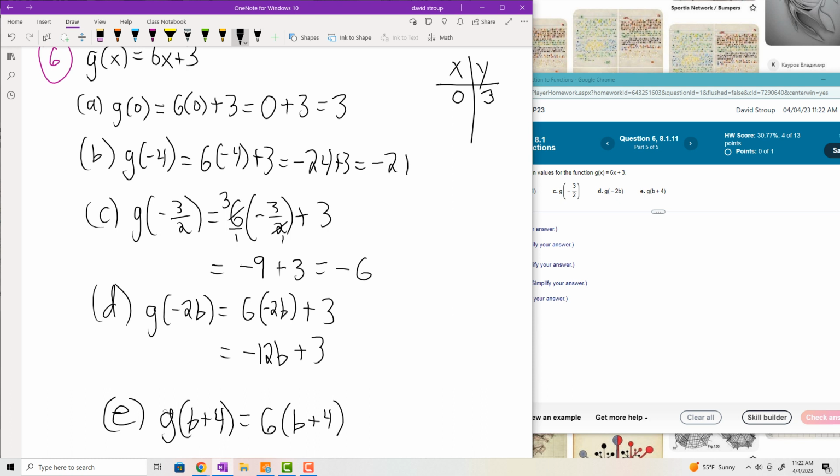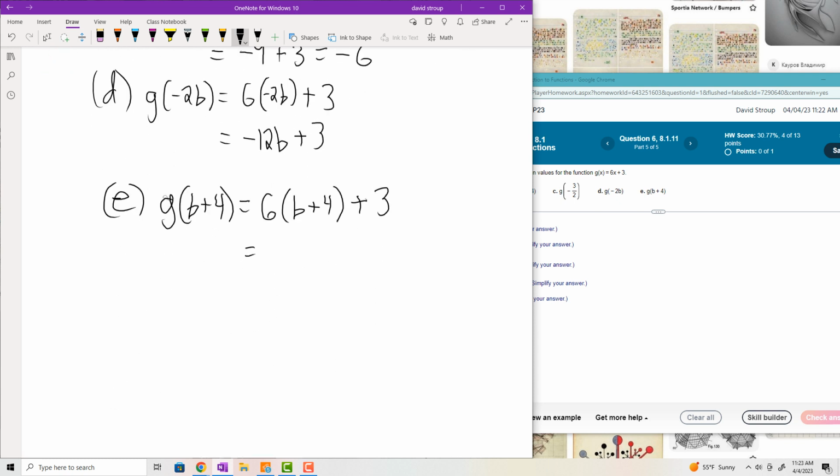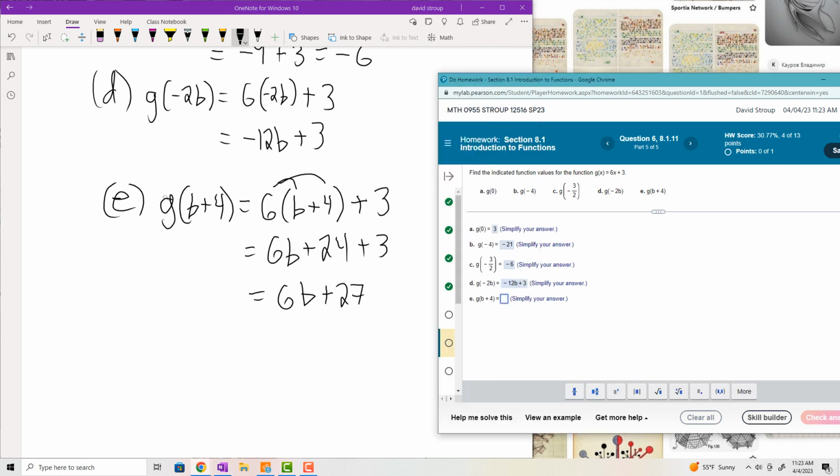So you're putting in there parentheses b plus 4. And then you're going to go plus 3. So we're going to have a distribution here, 6b plus 24 plus 3. And then simplify, and that's the best you could do. So 6b plus 27.